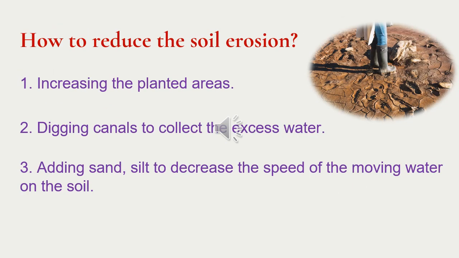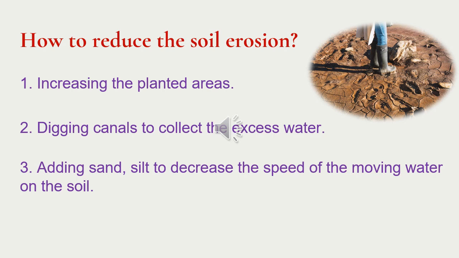Can anyone tell me how we can reduce soil erosion? We can reduce soil erosion by increasing the planted areas and also by digging canals to collect the excess water.